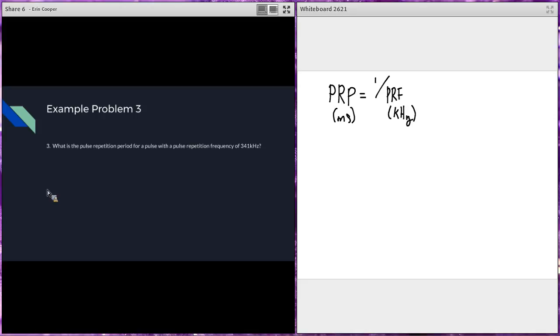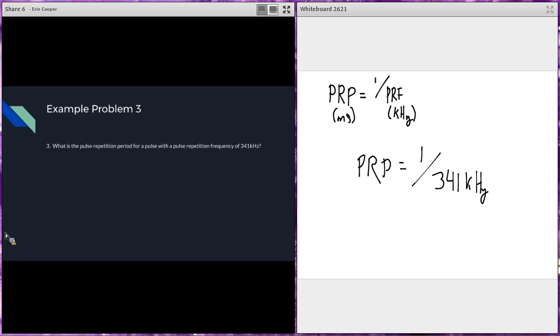Now let's continue analyzing the word problem to see what we've got. So it says for a pulse with a pulse repetition frequency of 341 kilohertz. So that's the only number we have. Fortunately, that's the only one we need. So all I have to do is plug it straight into the equation. PRP equals 1 over 341 kilohertz.